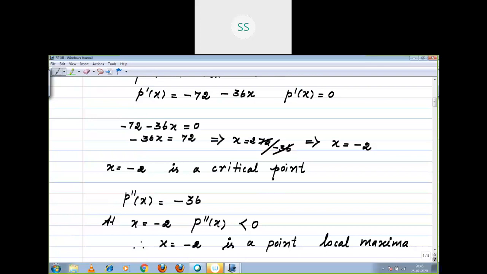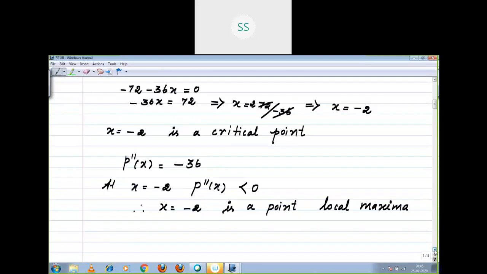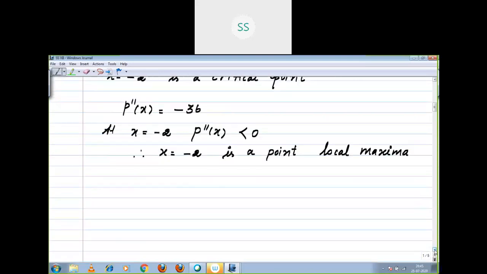Then how to find the local maximum value? The critical point you have to substitute in the given function.